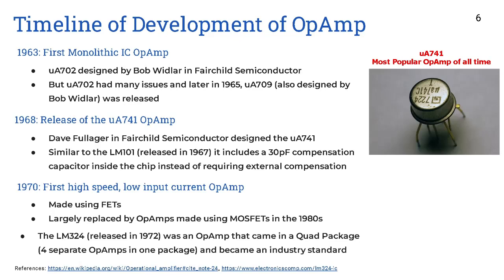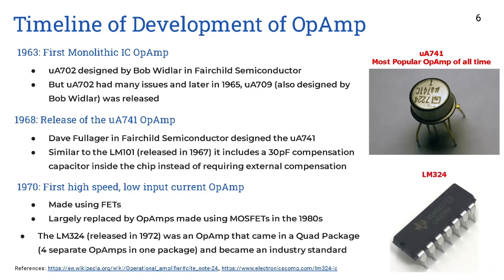One more famous model is the LM324, which was released in 1972. It was an op-amp which came in a quad package, which means that there were four separate op-amps in one package, and this became an industry standard. And you can still find such op-amps nowadays. As you can see here, this is a Texas Instruments LM324 op-amp, a quad package op-amp.